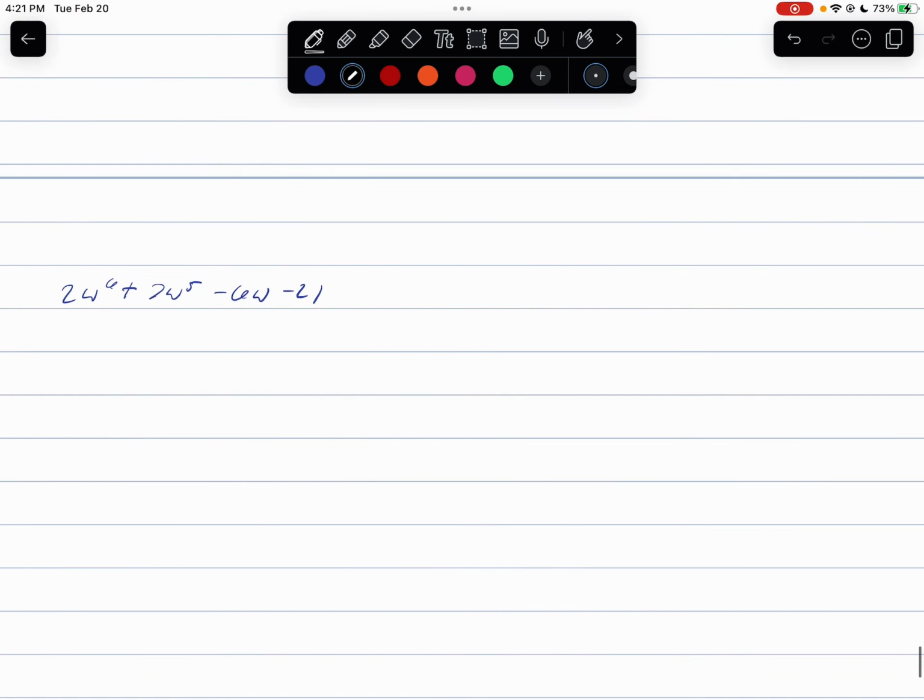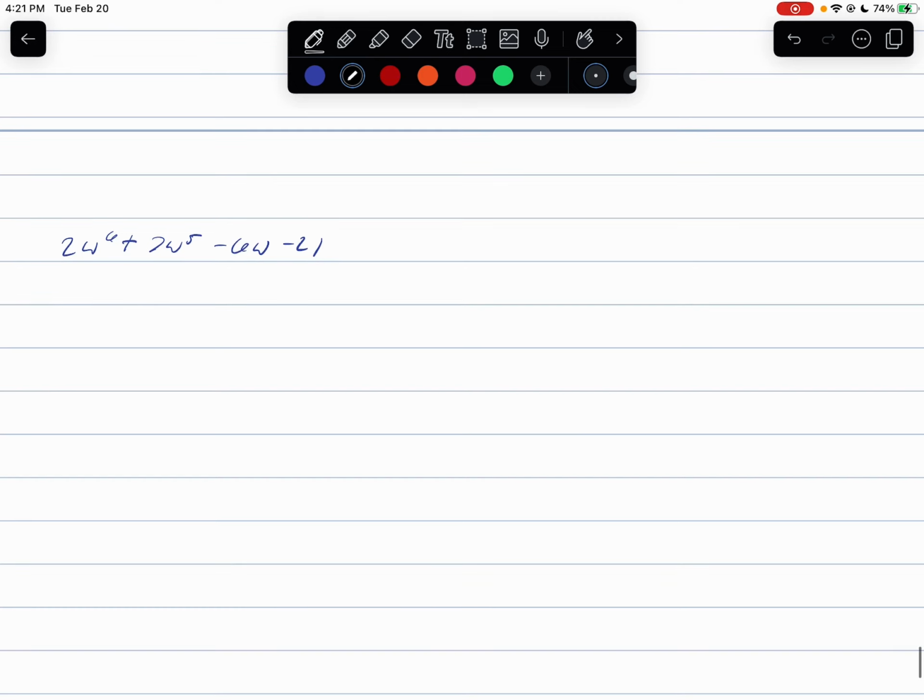Okay, last one here. Here we have 2w to the 6th plus 7w to the 5th minus 6w minus 21. Okay, so we might have to get a little more creative with this one, and we'll see why here in just a minute. But for now, let's focus on these terms here. For the sake of making this easier, it's always good if we have a plus sign in the middle here.